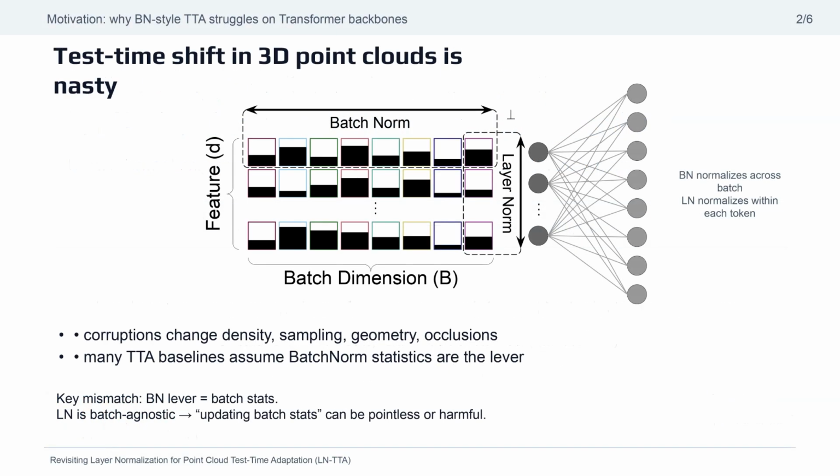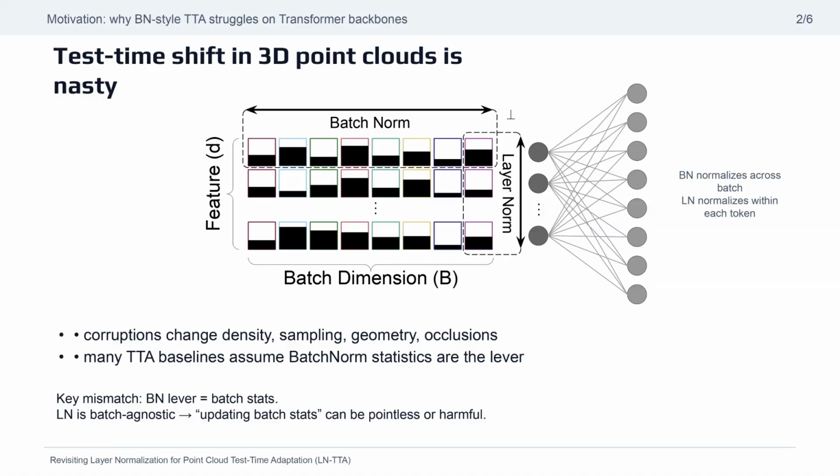Let's first understand why BN-style adaptation doesn't transfer cleanly. With BN, you normalize using batch-level mean and variance, so distribution shift shows up directly as a mismatch in batch statistics. That's why BN-based TTA methods update BN stats or BN affine parameters.